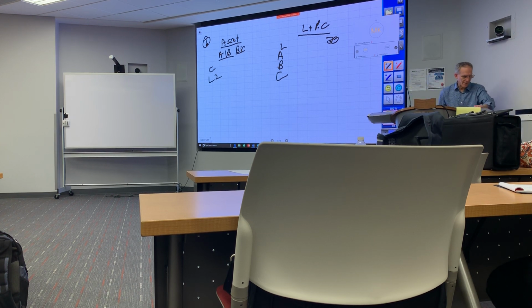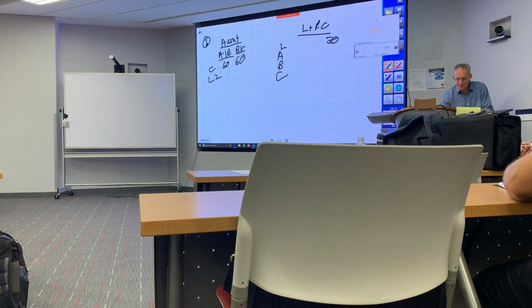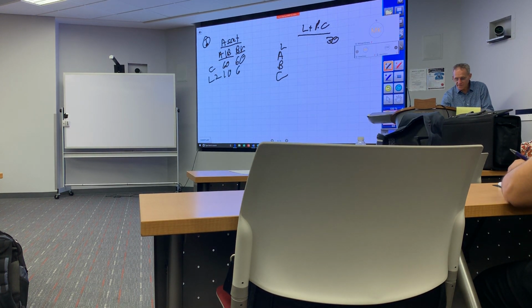Okay, we don't have much time, so the cash here is $60,000. Everyone agree? The land has an adjusted basis of 10, fair market value of 60. Okay, we're good, right? So far.